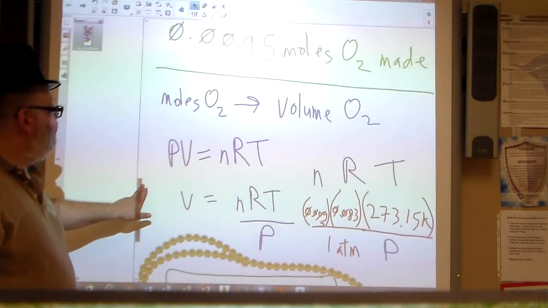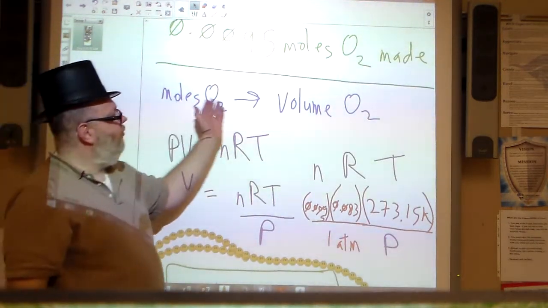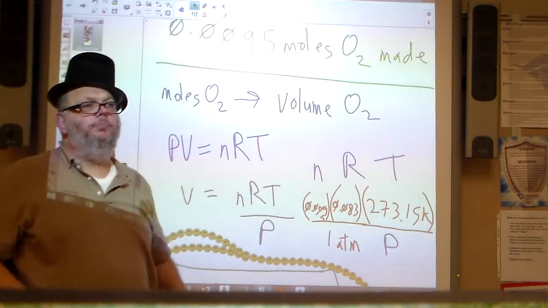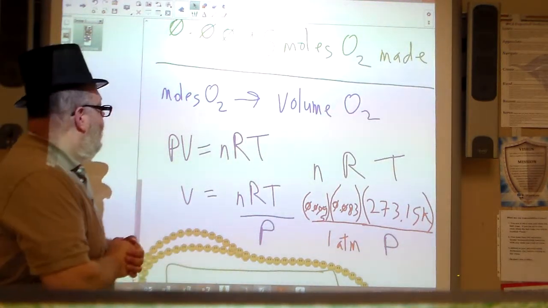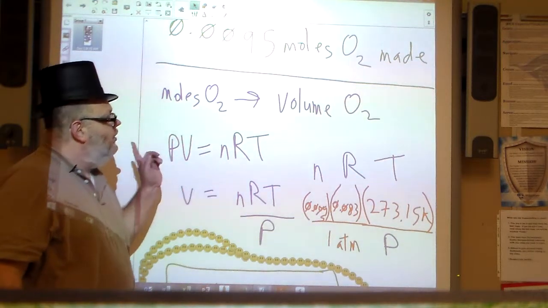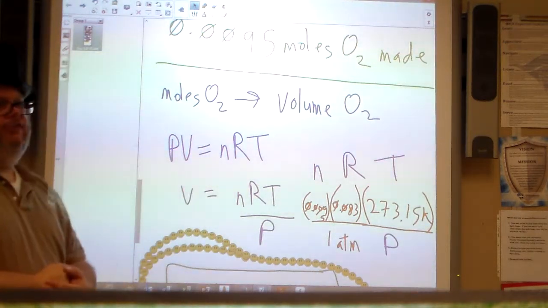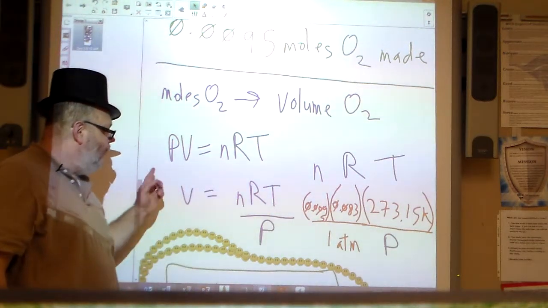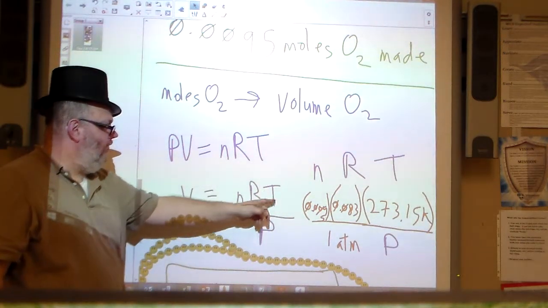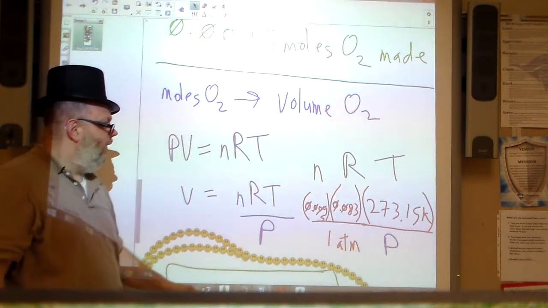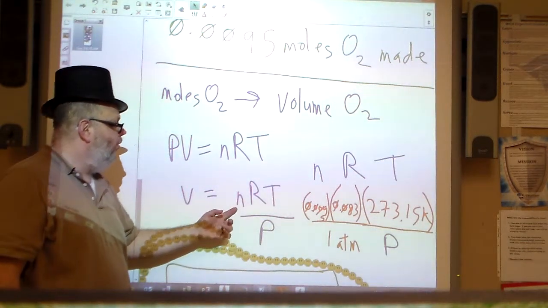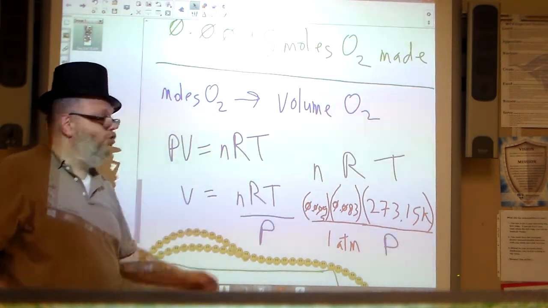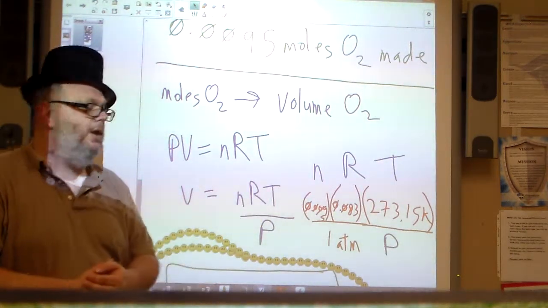Then the next step was moles of O2 to a volume of O2. We're done with stoichiometry. Now we need to use our ideal gas law. PV equals nRT, so V is equal to nRT divided by P. We have our number of moles, our constant R, the temperature, and the pressure, and we have all that information.